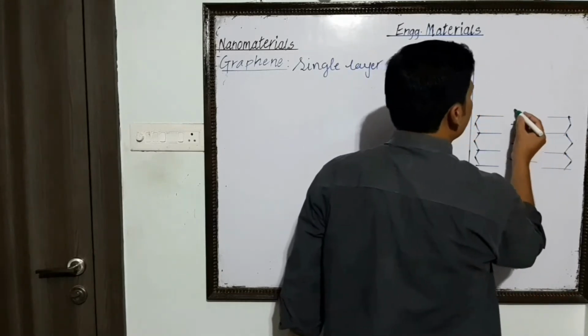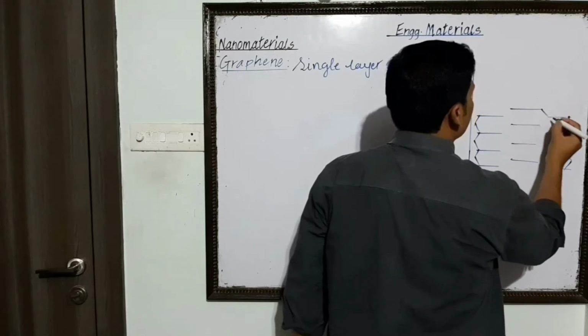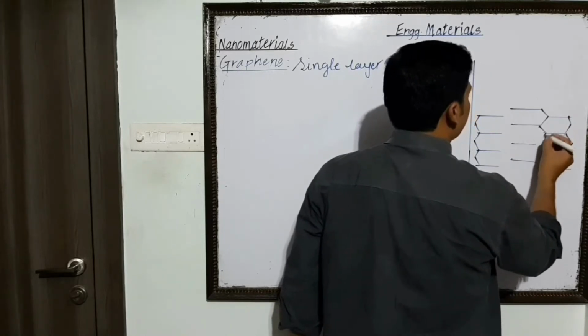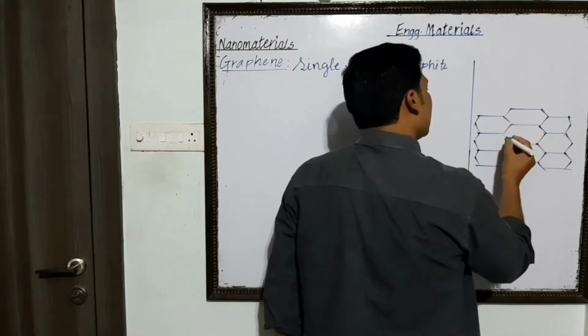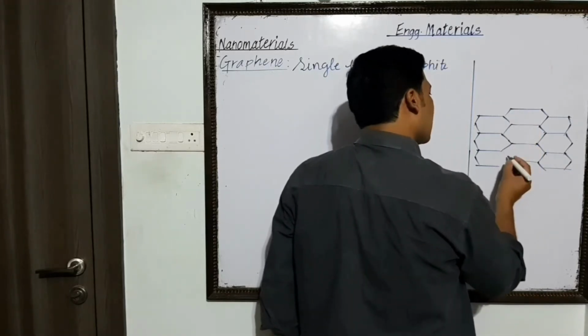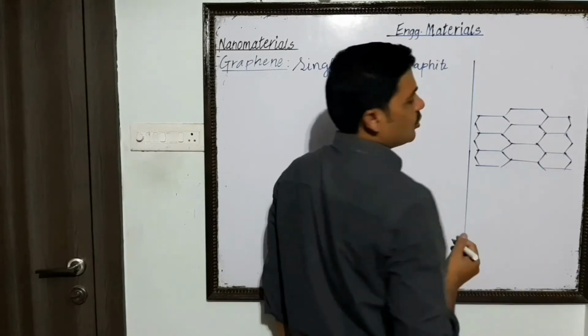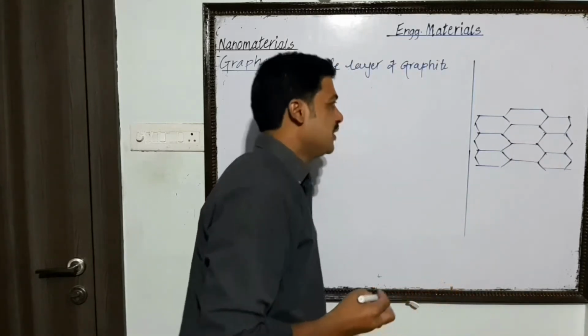If you carefully notice, after closing the ends of those lines, a single layer of hexagons is obtained, and that is nothing but graphene.